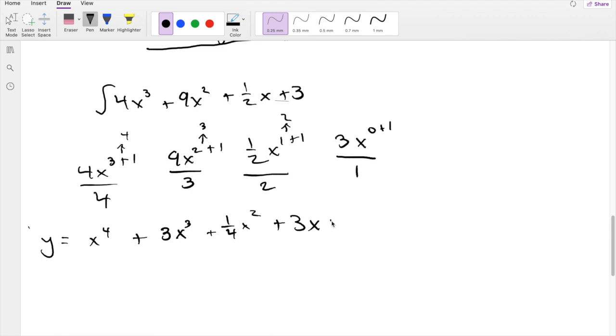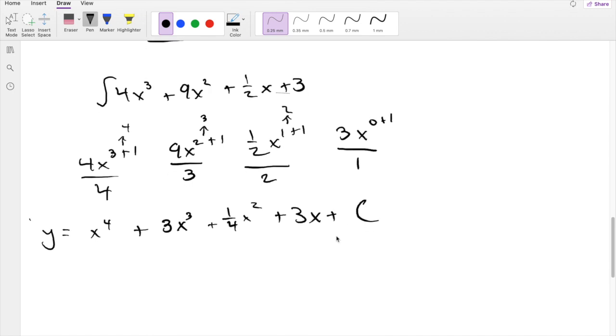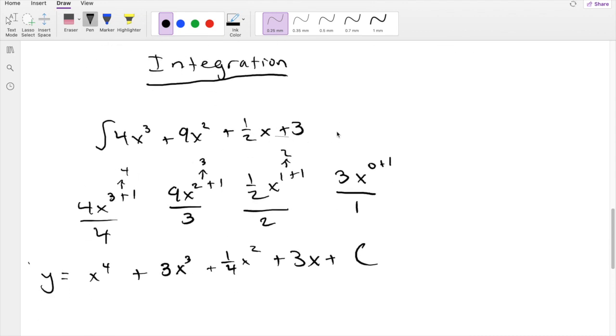And lastly, we can't forget our variable for our constant. So that would just be c. Thus, the integration of 4x cubed plus 9x squared plus 1/2 x plus 3 is this equation right here, y equals x to the 4th power plus 3x cubed plus 1/4 x squared plus 3x plus c.